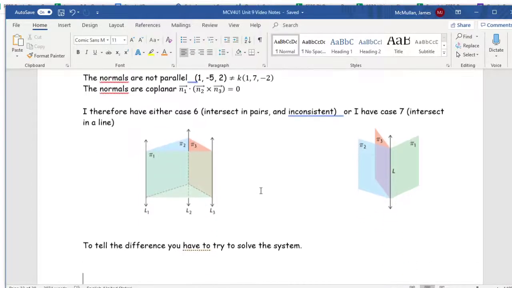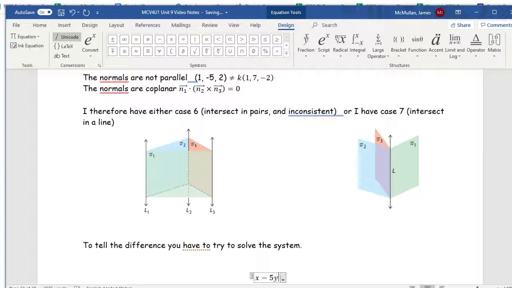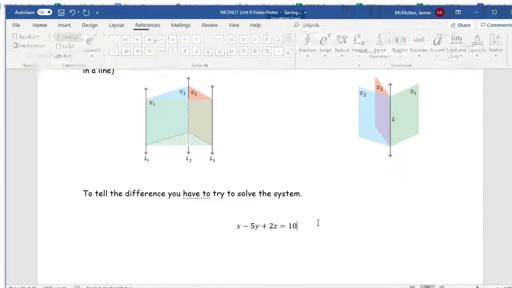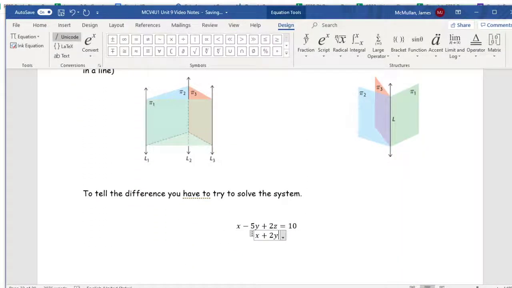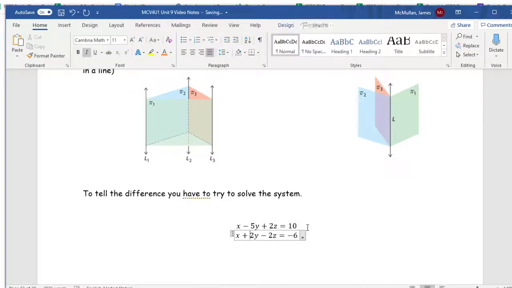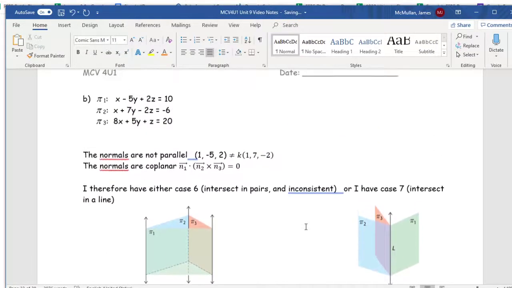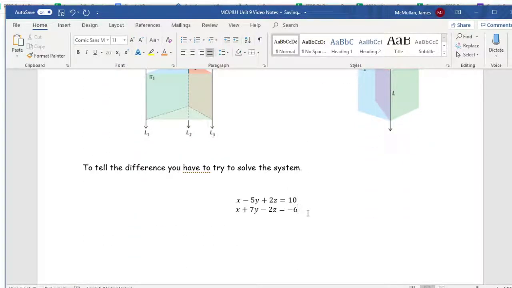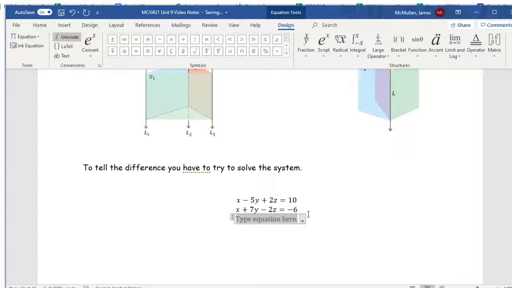x minus 5y plus 2z equals 10. And x plus 7y minus 2z is negative 6. Okay, I'm just going to double check that I wrote those down right, because any mistake cascades into a lot of wasted work, so it's good to check.